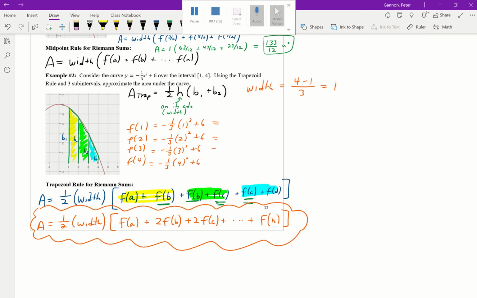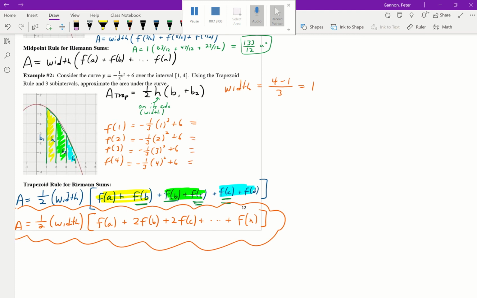As we evaluate those, we're going to get negative 1/3 plus 6, so that becomes 17/3. Here we get negative 4/3 plus 6, so that's 14/3. Negative 9/3 plus 6, so that's 9/3. And negative 16/3 plus 6 is 2/3.